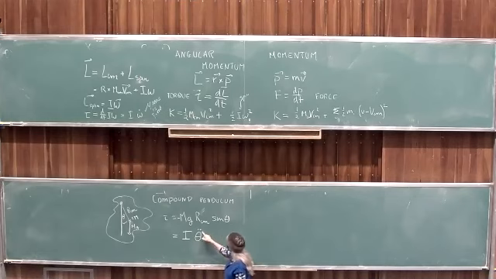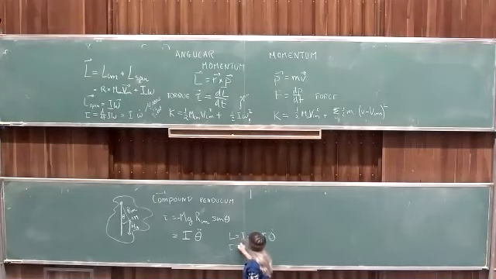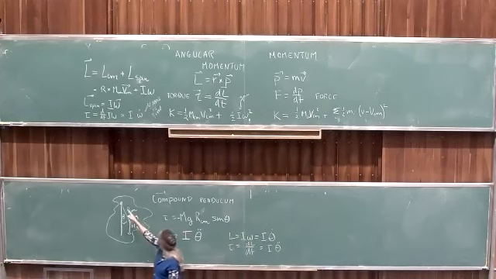So what's this? L is I omega, which is I theta dot, and torque is dL/dt, which is equal to I theta double dot. So that's what I've done here. And I is with respect to the pivot point.